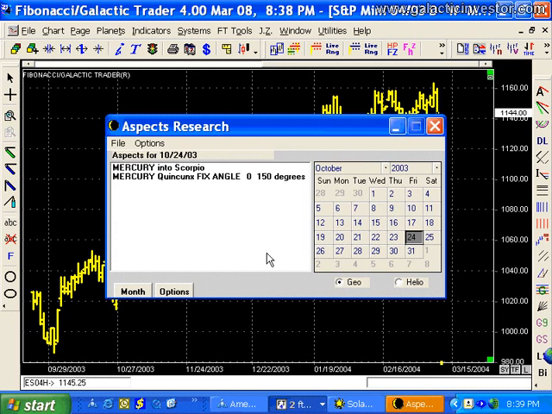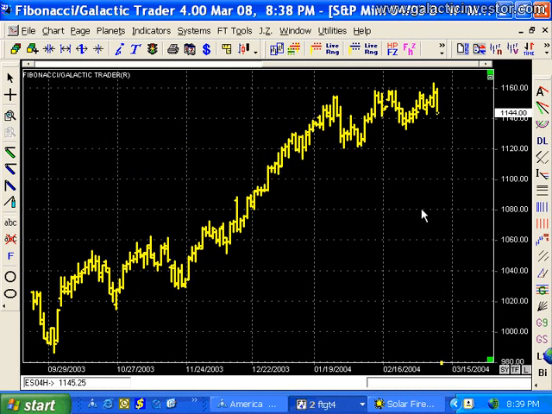And put your planetary lines on for the aspects and figure out what it was that triggered the reversal up or triggered the reversal back down, what the aspects were, what the planetary harmonics were. And the more we do this, the more skilled we're going to get at this, the more confident we're going to get at using this system and these tools, and the more prepared we'll be in the future.